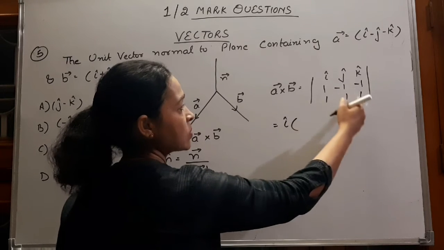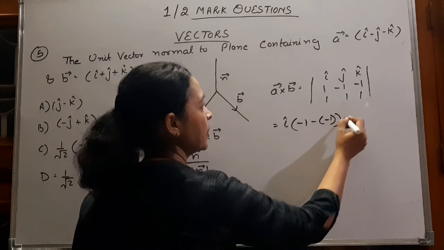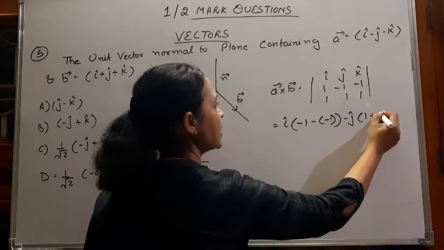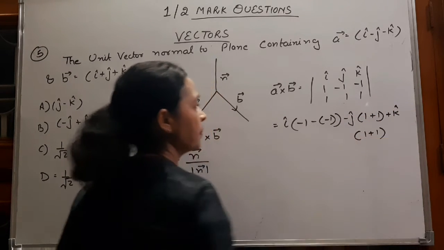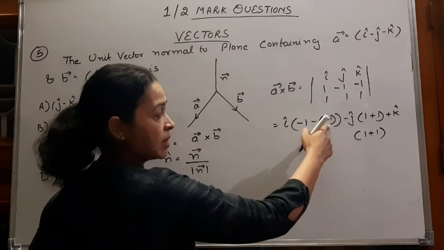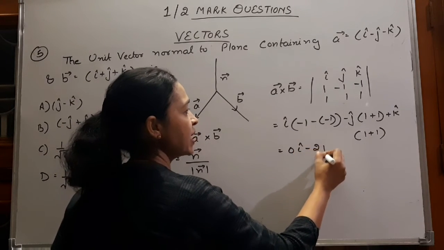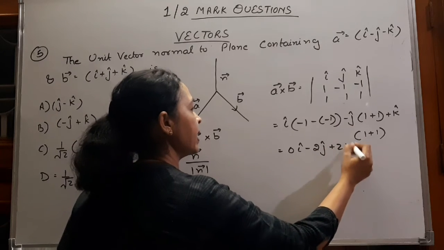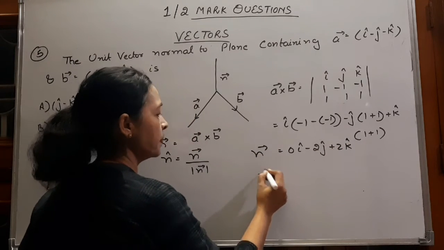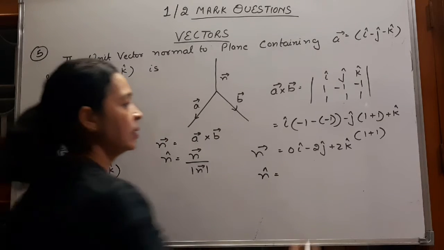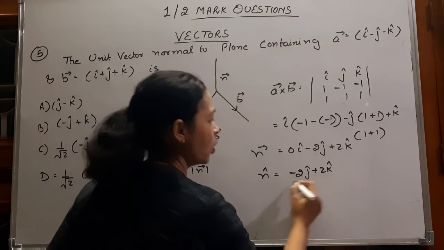We have i cap (minus 1 into 1 minus 1 into minus 1), minus j cap (1 plus 1), plus k cap (1 plus 1). We have minus and minus plus, 0 i cap minus 2 j cap plus 2 k cap. This is vector n.